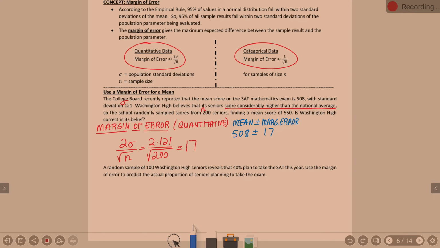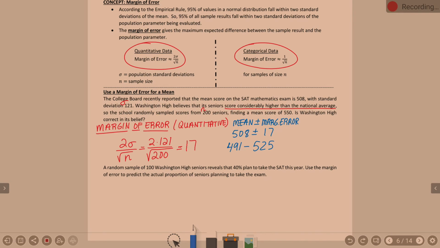What is 508 plus 17? 525. Okay. So 491 to 525 is our acceptable range. In other words, if the average score is 508 and your school scores from 491 to 525, you can consider yourself within that average range.